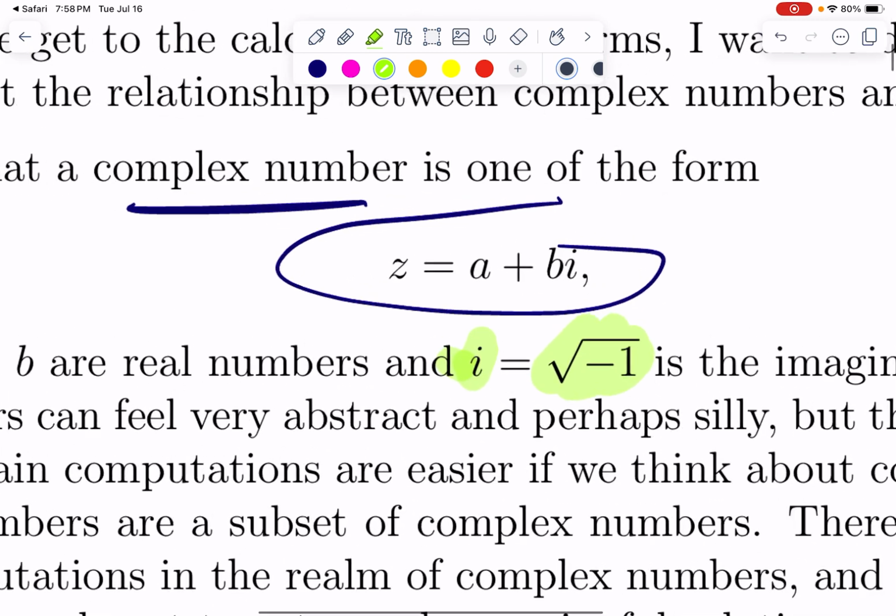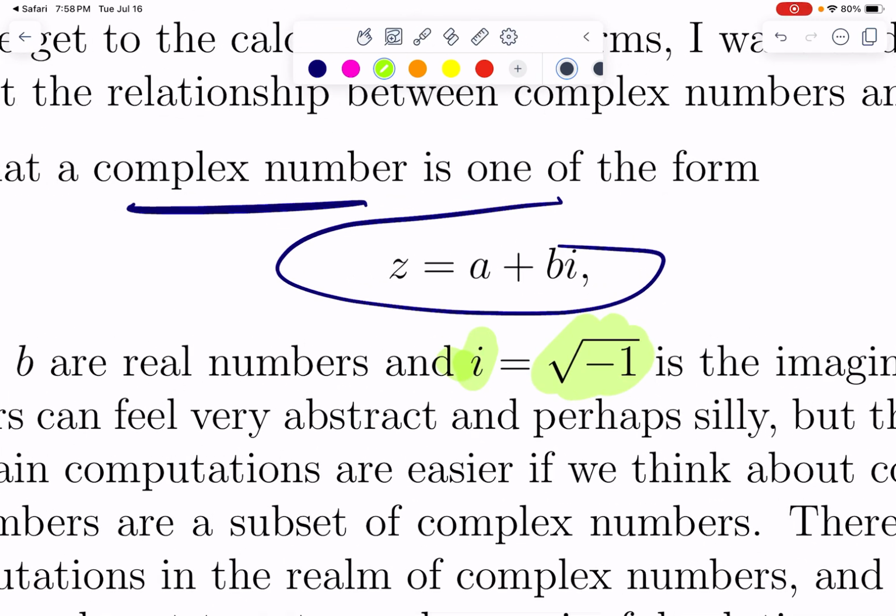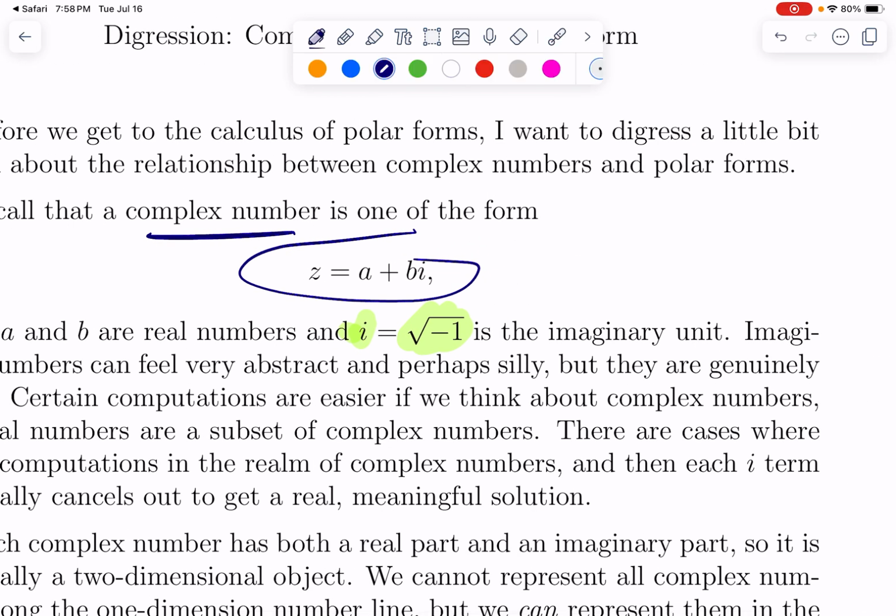And then we simply combine a number that's a real number with some multiple of that imaginary thing. So an example could be something like 2 minus 1/2 i. It is the real number 2 minus this imaginary number 1/2 i.